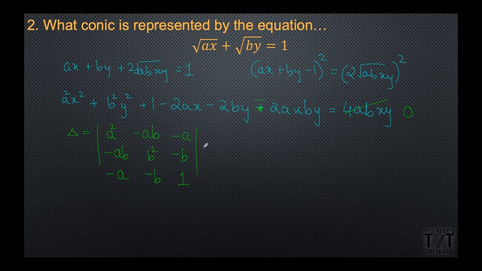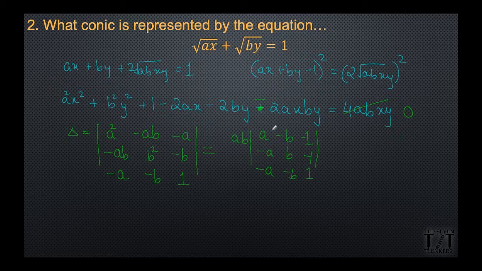So using the properties of discriminant, we can take a common out from the first row and b common out from the second row, and therefore we'll be remaining with a, minus b and minus 1, minus a, b and minus 1, then 1 over here, minus b and minus a.